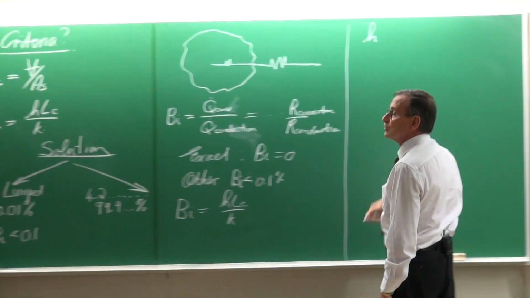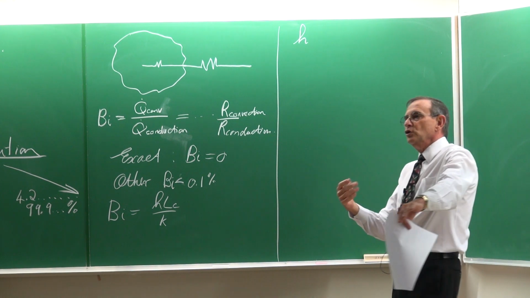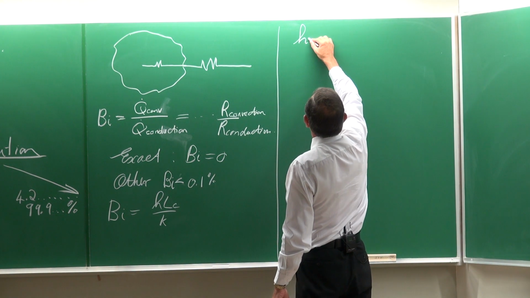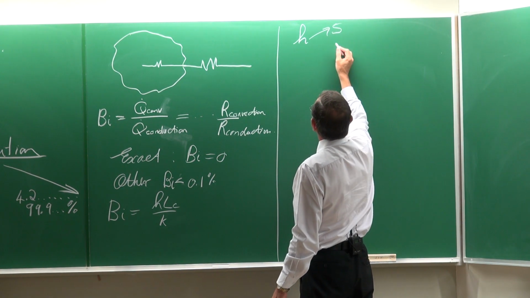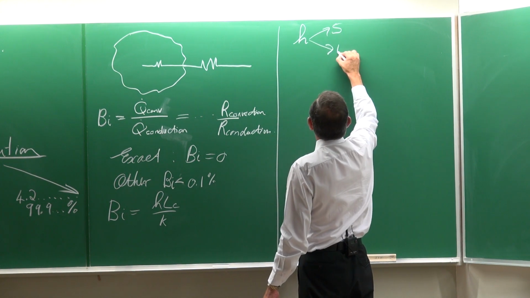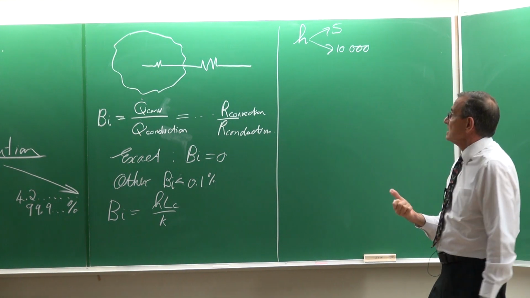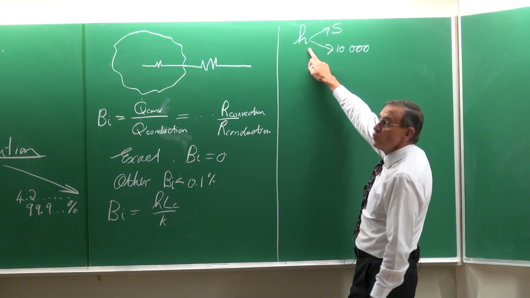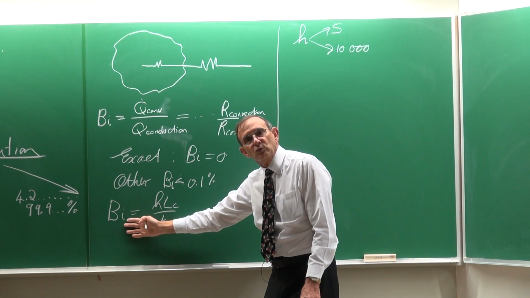Firstly, if we look at the heat transfer coefficient, in chapter 1 you looked at convection heat transfer, and you will see that the heat transfer coefficient can vary from very low values of approximately 5 to 10,000. So the first criterion is, if we want the Biot number to be small, the smaller the heat transfer coefficient, the smaller the Biot number will be.